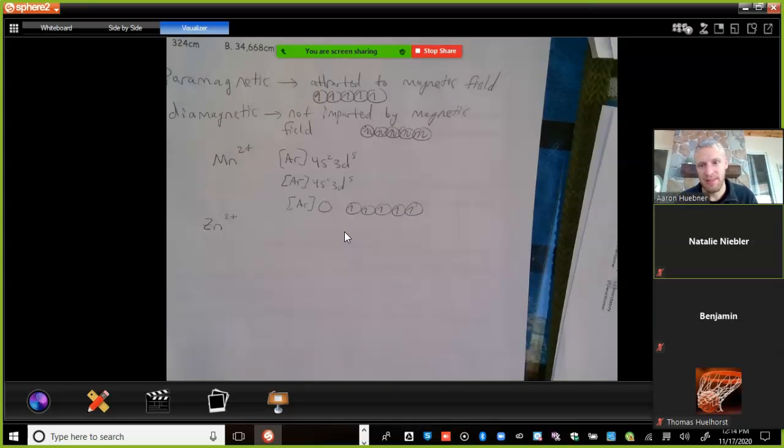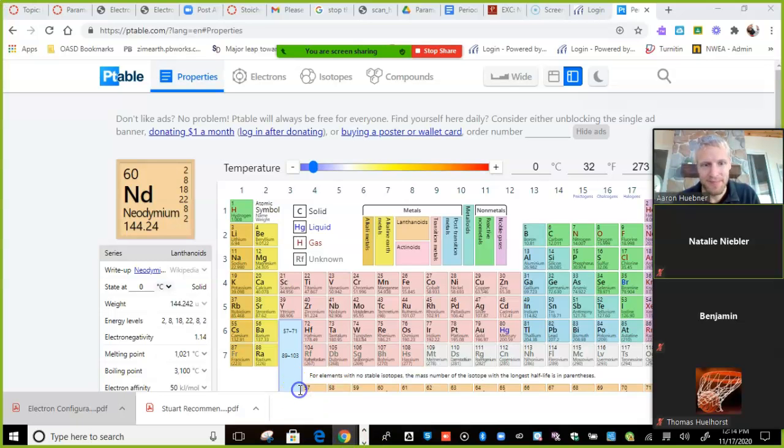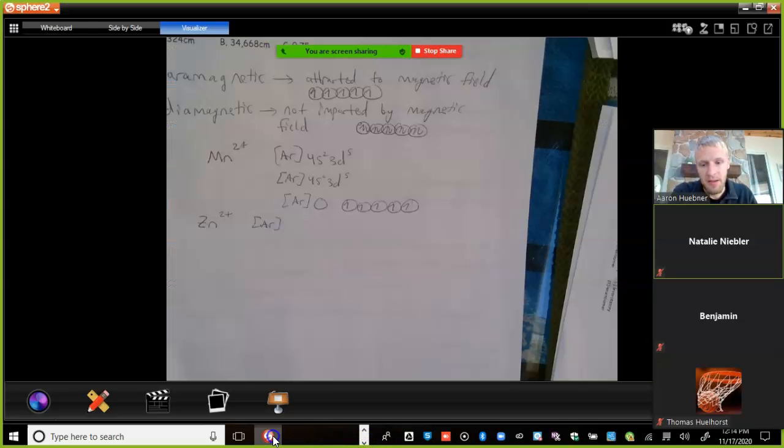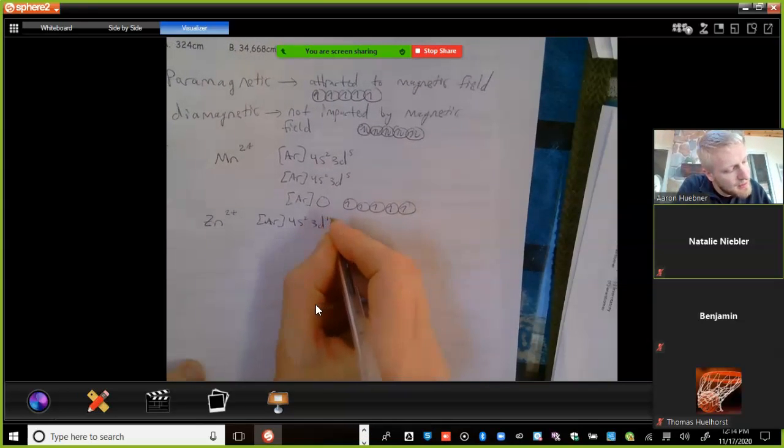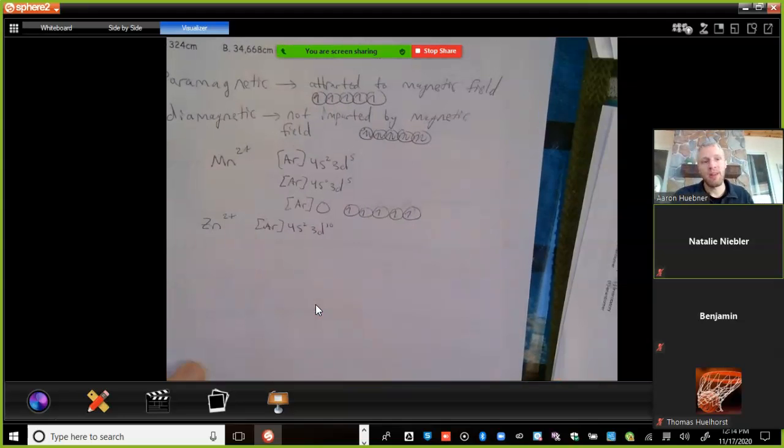So this is zinc. I think it's got 20-some protons. Let's see. Nope, 30, 10 off. All right. So we're going to do argon again in brackets, and we're going to go to 4s2, 3d10, filling it up. But remember, it's the zinc 2+ ion, so we've got to pull 2 electrons away.